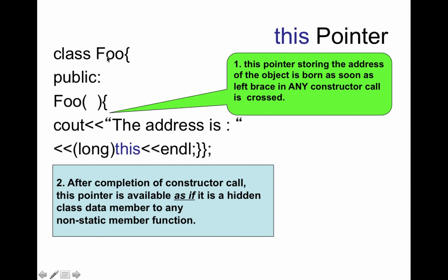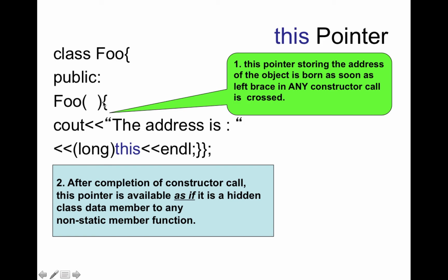So this is class foo. Inside the class I have public. This is the default constructor that I'm writing. And it is very important to know that once this left curly brace is crossed, right after that there is a pointer called this that stores the object that will be created by the time this constructor ends.